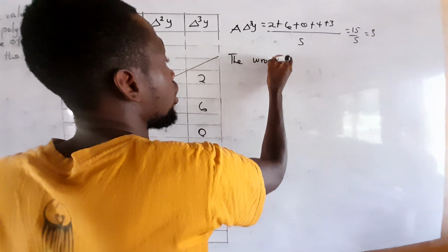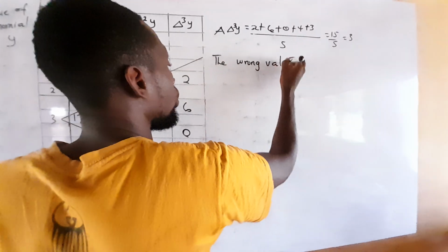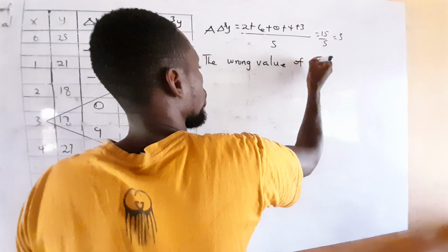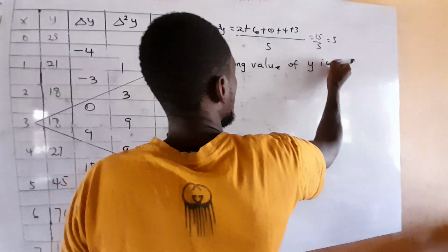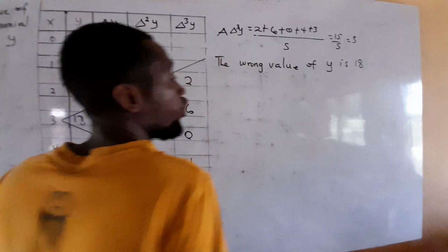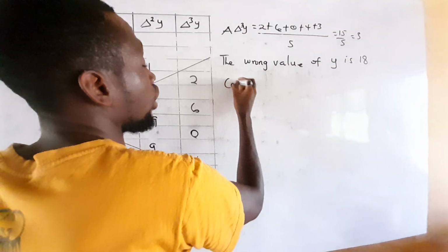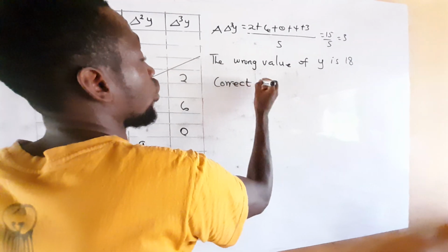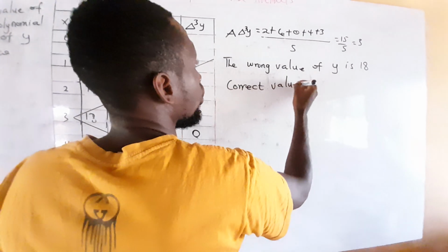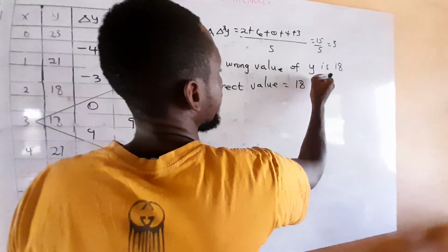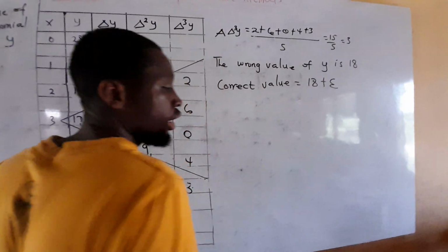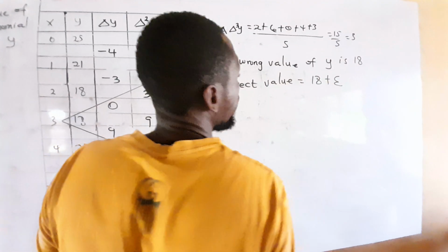So the wrong value of y is 18. So if the wrong value is 18, what's the correct one? The correct value will be equal to the 18 plus the error or the epsilon. How do we find the epsilon?